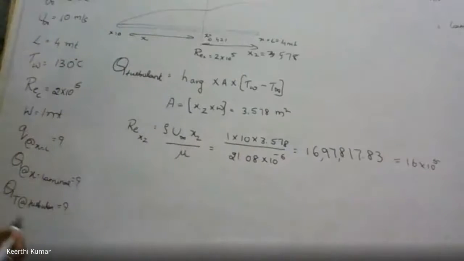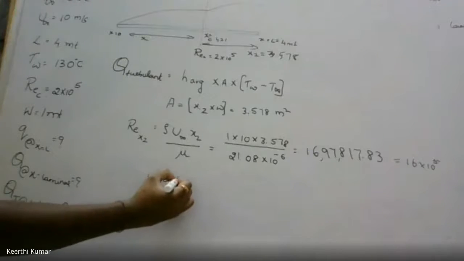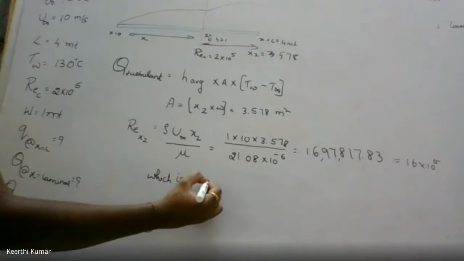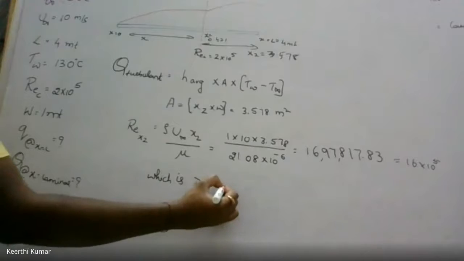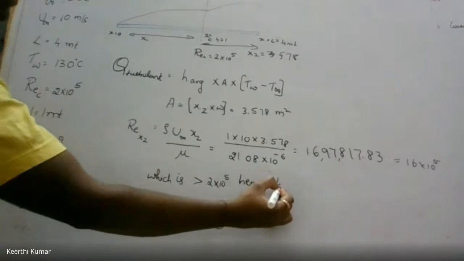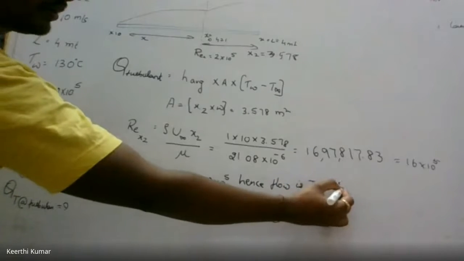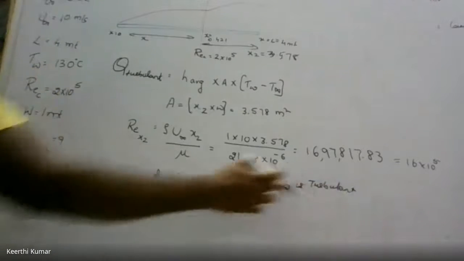Correct? 16 into 10 to the power of 5, which is greater than 2 into 10 to the power of 5. Hence, the flow is turbulent. We already determined that the flow is turbulent.